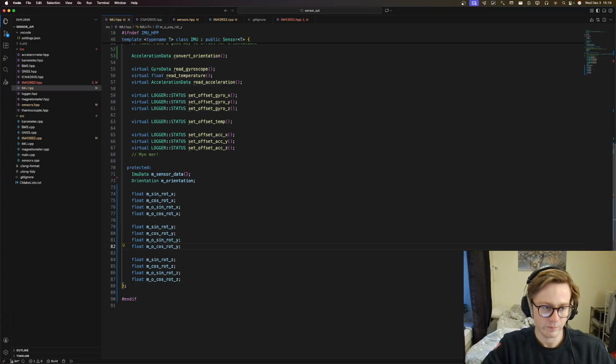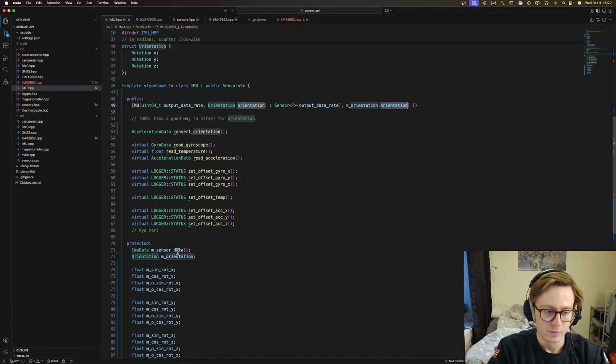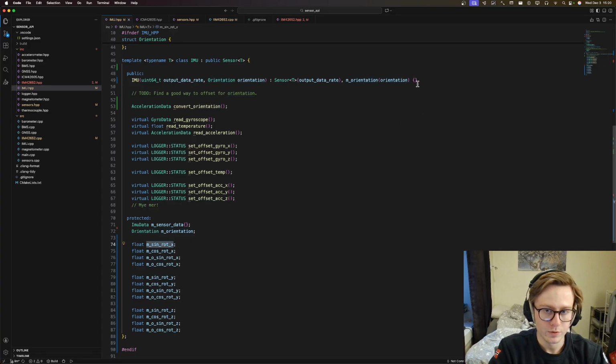Okay. So we pass in an orientation. And we want to compute these values.